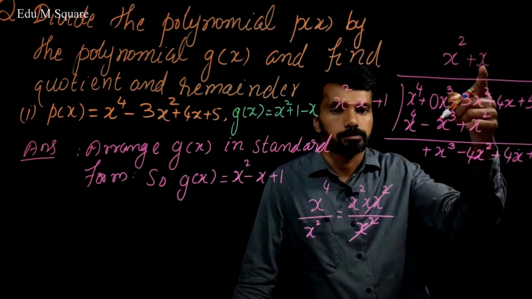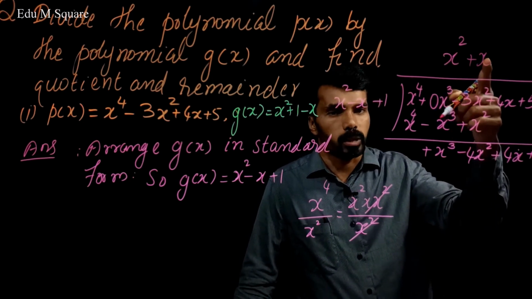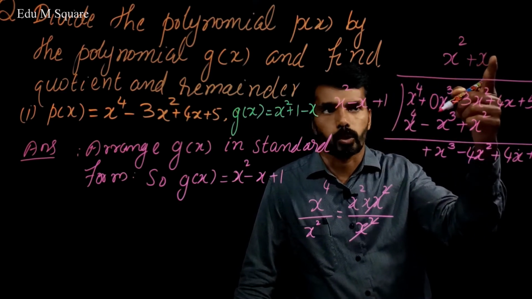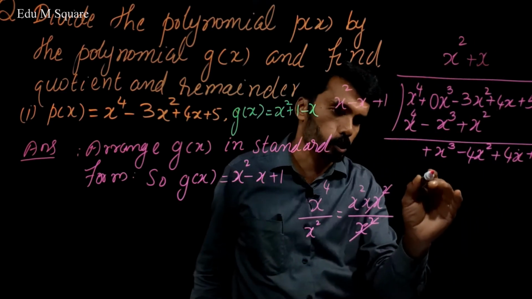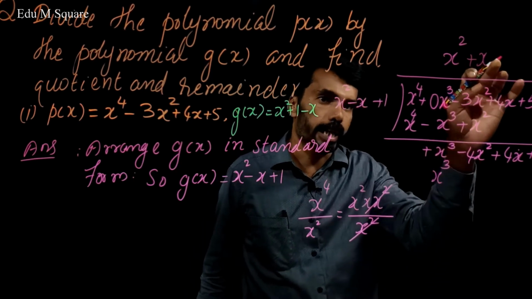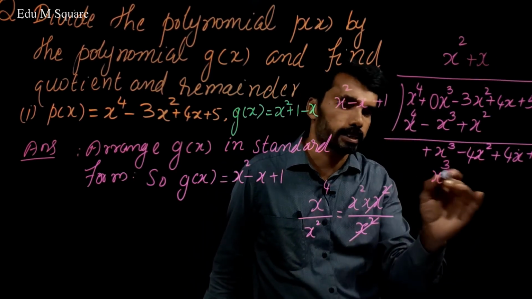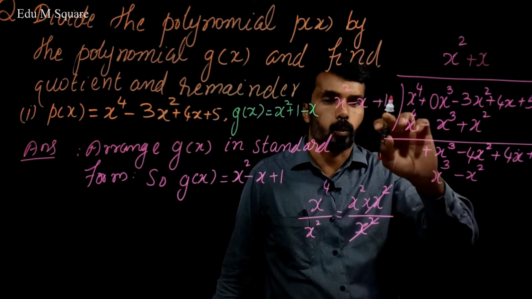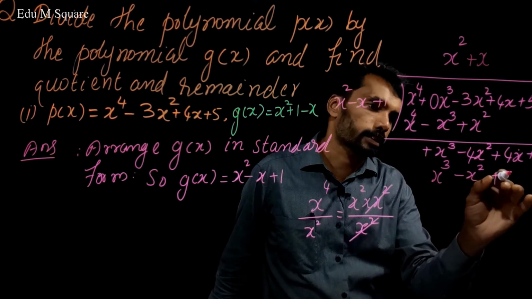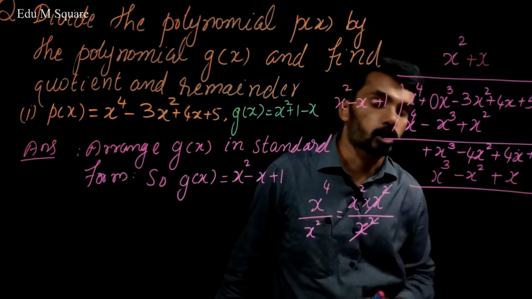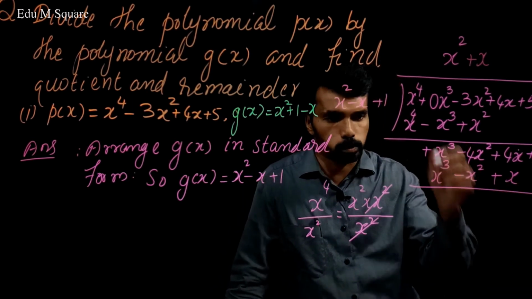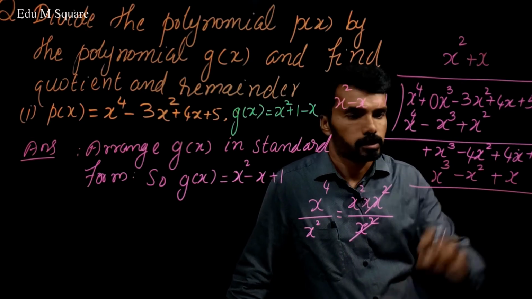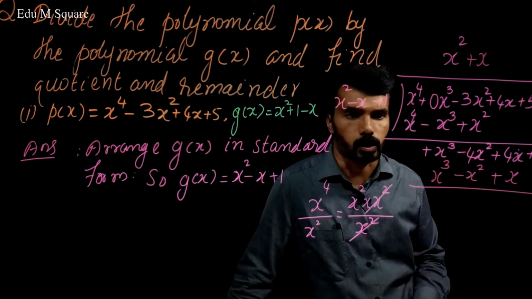So next we multiply each term of the divisor by this x. So x into x square, x cube. Again x into minus x square. Then x into 1, plus x. Then next we subtract it. x cube minus x cube, 0.